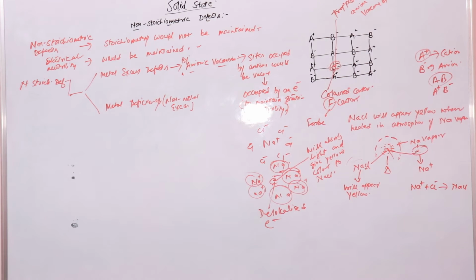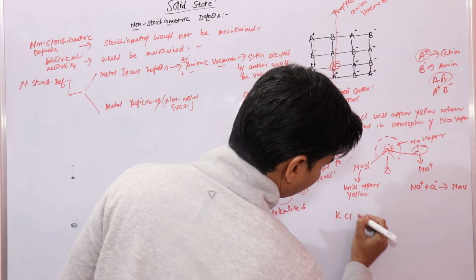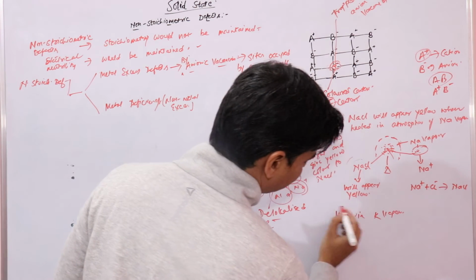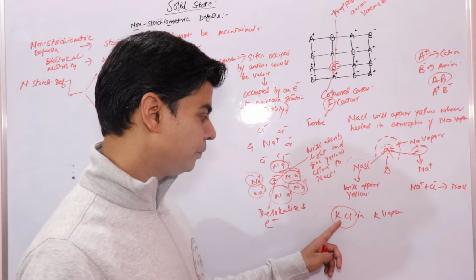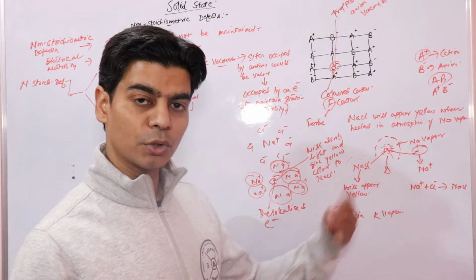Similarly, if you take the example of potassium chloride, when you heat potassium chloride in potassium vapors, the lattice of potassium chloride will become excess in potassium ions.